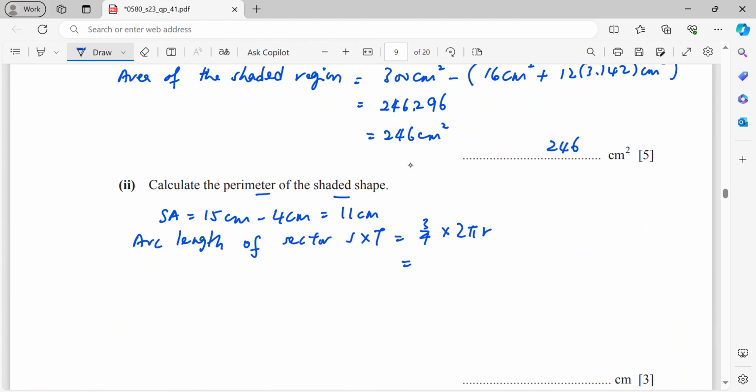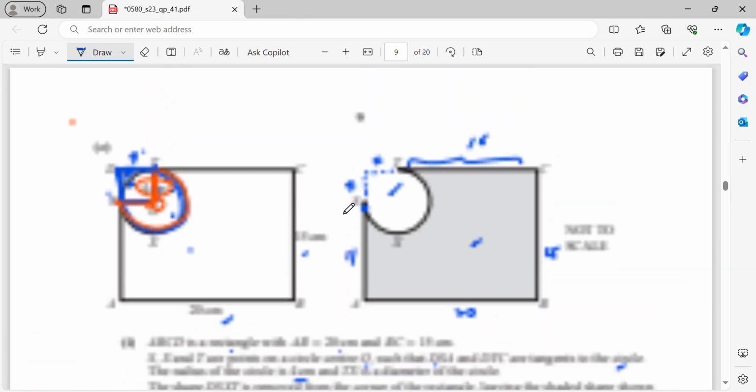It will be 3/4 times 2 times 3.142. The r is 4. Then from here, you will be getting 18.852 centimeters. Right. Then now we have found this length.